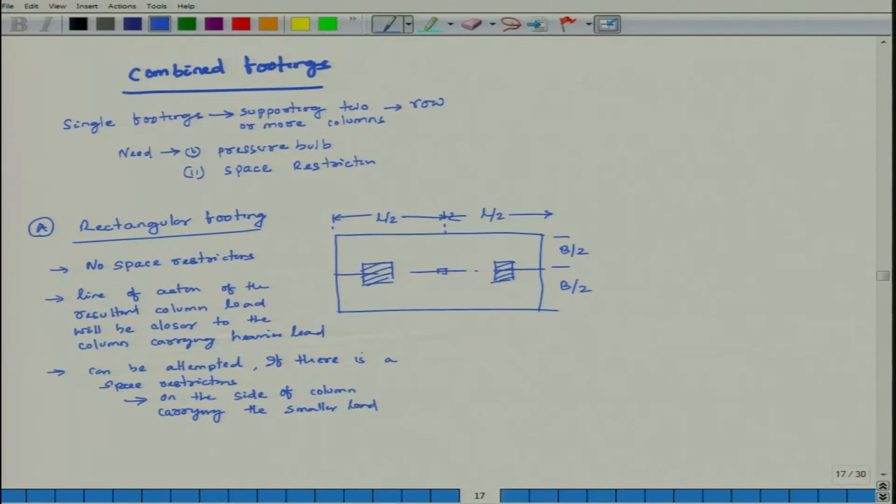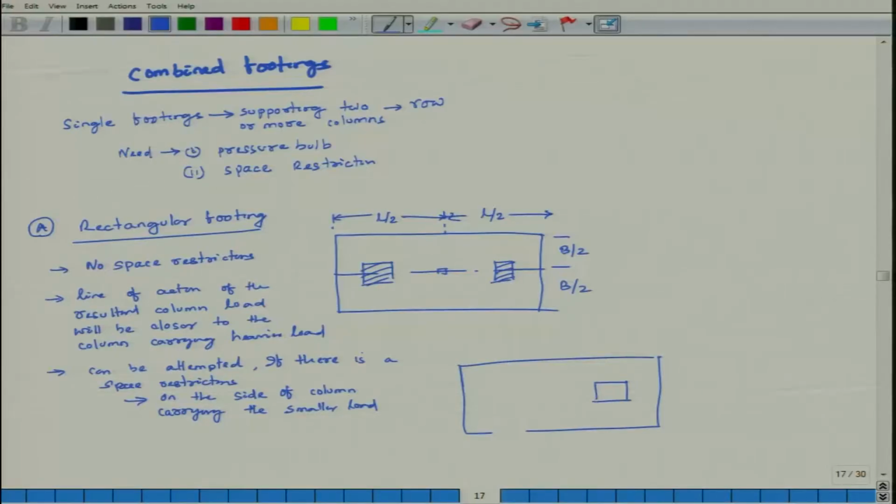What does it mean? If there is a space restriction here, you plan in such a way that if there are two column loads coming in, the bigger column load will be here. On this side there is no restriction, this side there is a restriction.